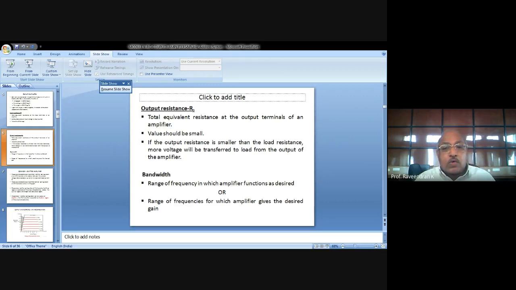So if you want to work the transistor as a switch, then you have to operate the transistor in the cutoff region and in the saturation region, not between. Between cutoff and saturation is the active region only.